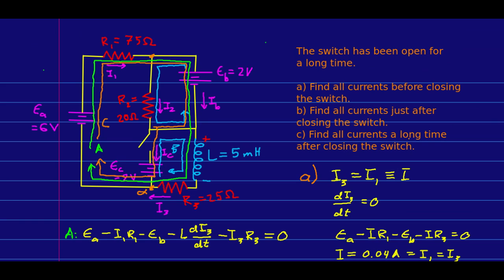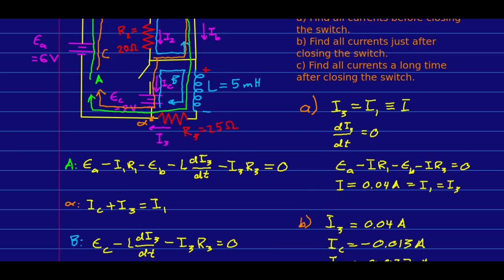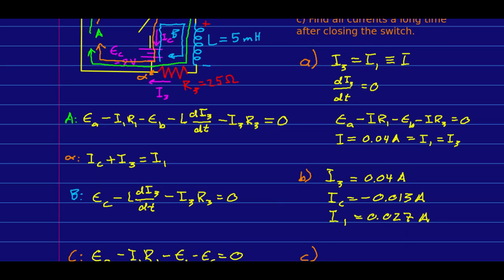Finally, let's do a long time after closing the switch. And so now the current through the inductor, which is I3, is constant. And so dI3/dt is 0, or in other words, the EMF in the inductor is 0. And that means I can use loop B very easily to solve for the new I3.